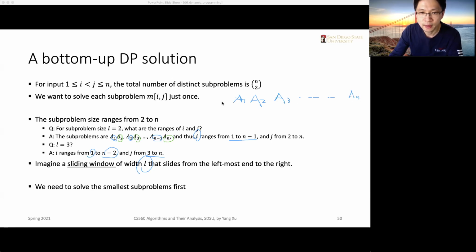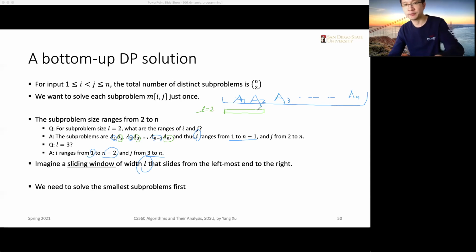AN, we first use a sliding window of size 2. So that's L equals 2. If we imagine a window that slides from the left side to the right side, we will cover A1 times A2 and then A2 times A3, until A(n-1) times AN.